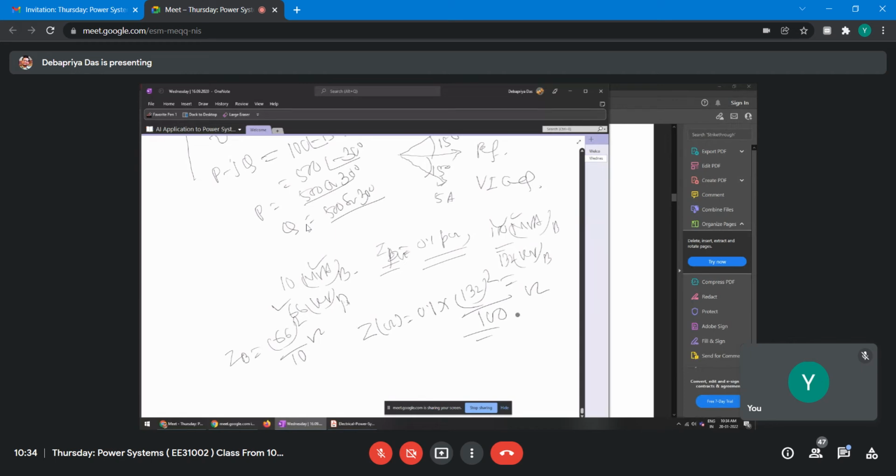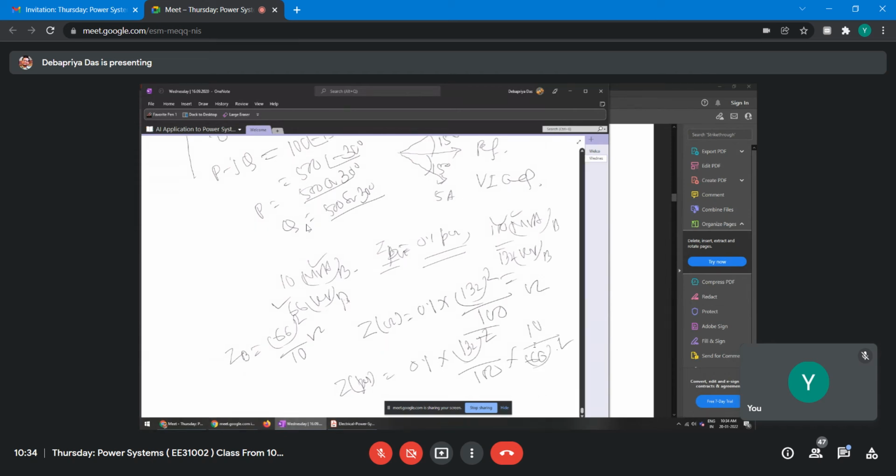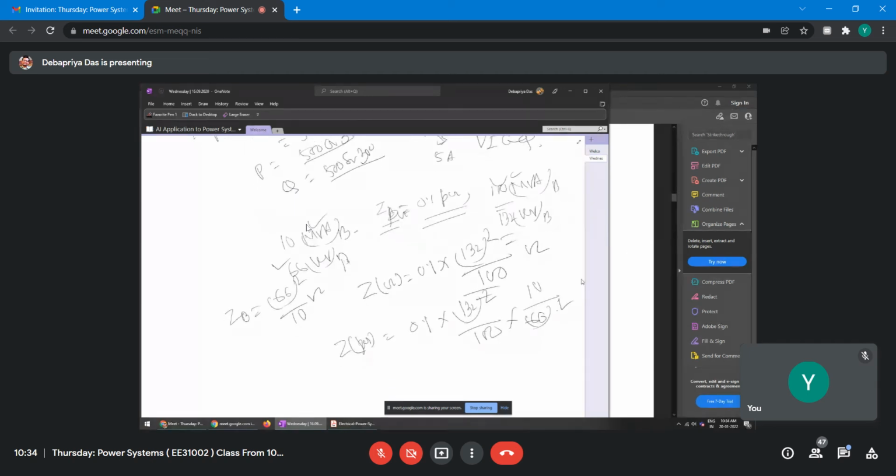Whatever you got, divide it by 66 squared over 10. So the new per unit value is 0.1 into 132 squared divided by 100, multiplied by 10 divided by 66 squared.